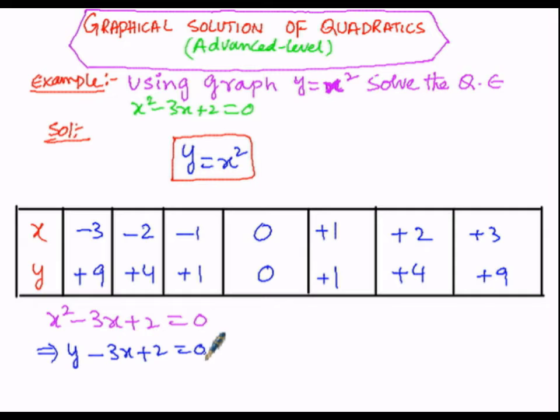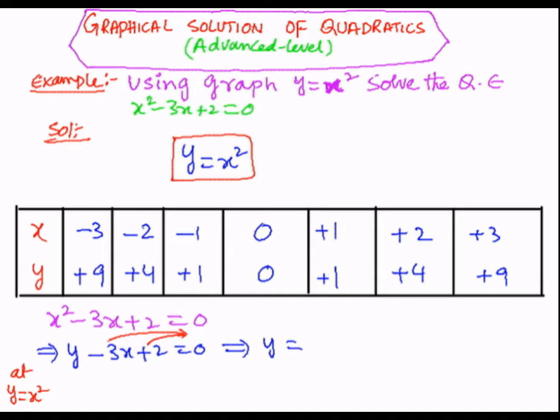So here we got this condition, y equals x square. That implies y equals, and here I am going to transpose minus 3x and plus 2 to the right hand side.